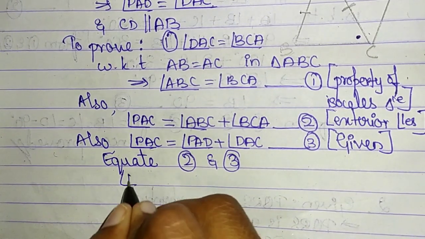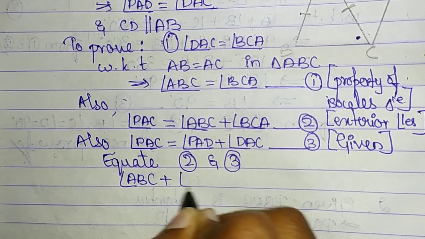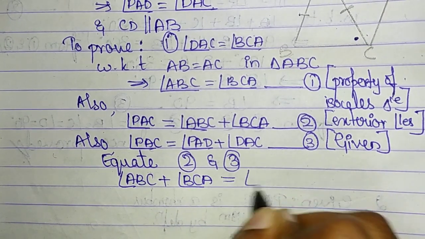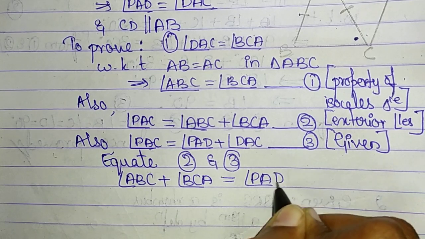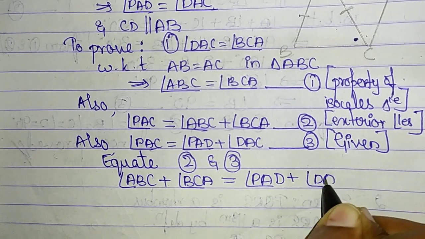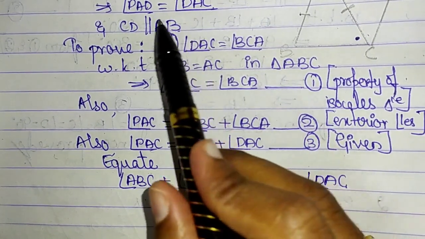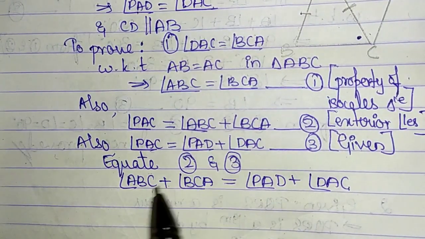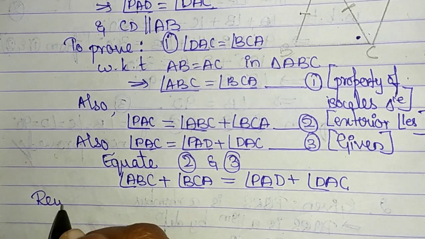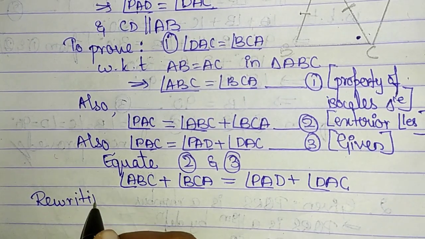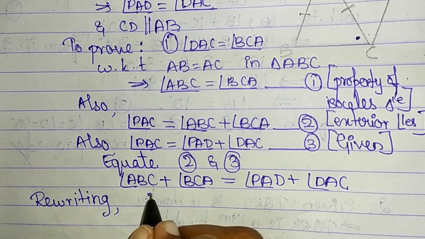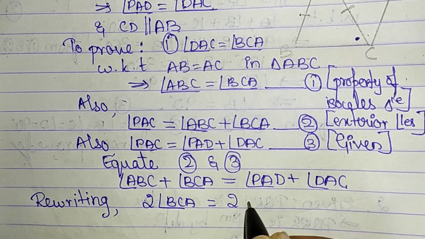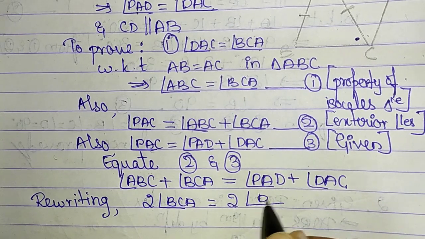So angle ABC plus angle BCA is equal to angle PAD plus angle DAC. But from what has been given, PAD is equal to DAC, and from equation 1 we can rewrite what we have. 2 times angle BCA is equal to 2 times angle DAC.